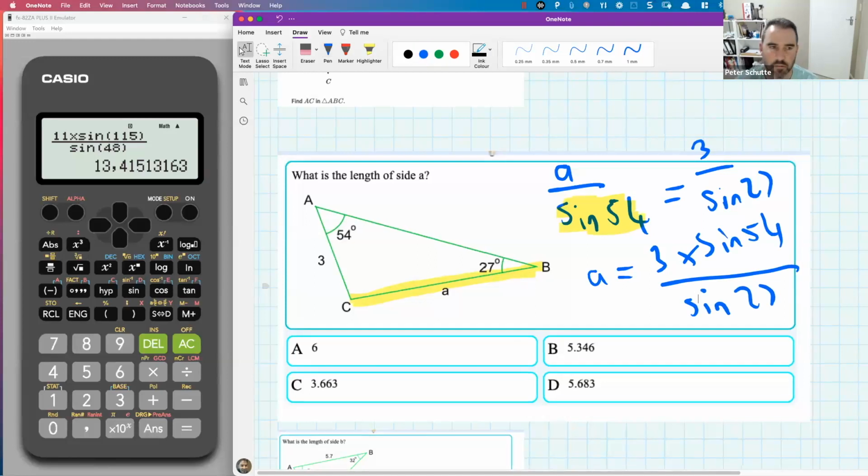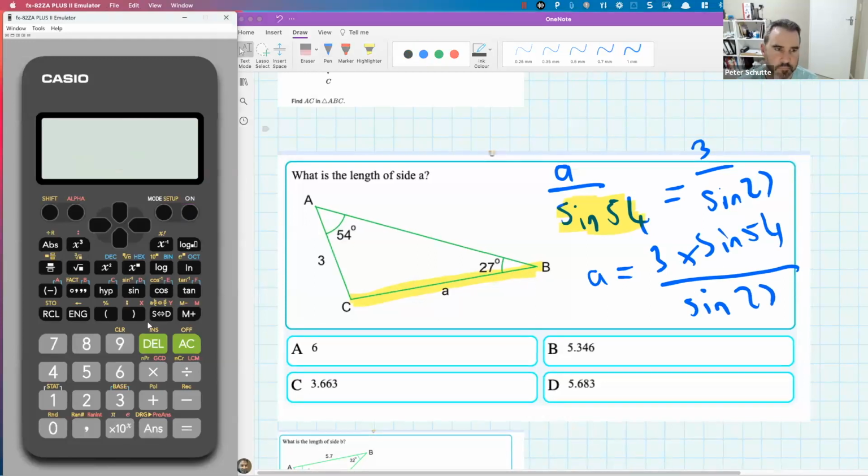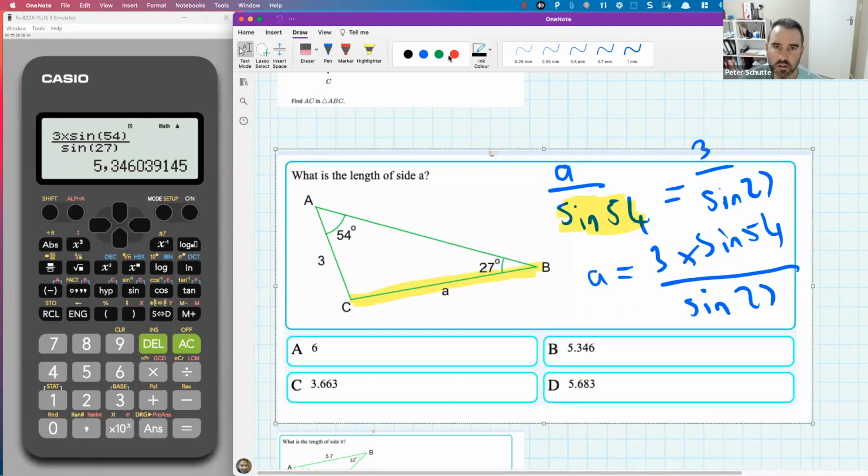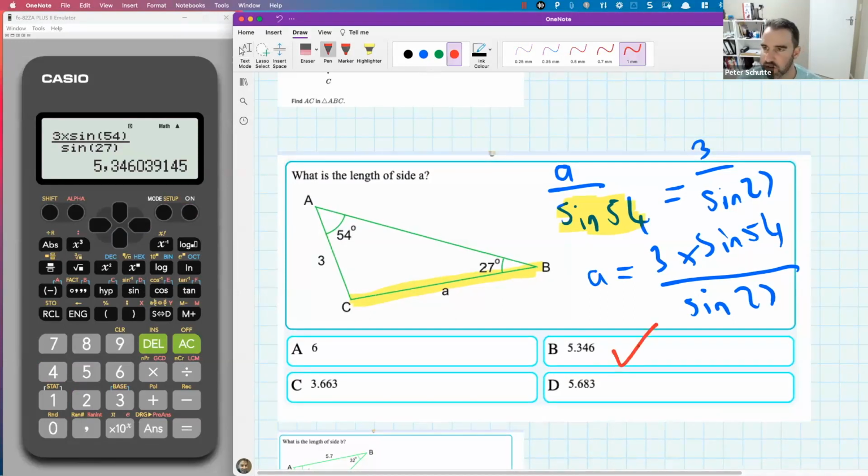Let's see if I can put that in my calculator. So fraction, sine of 27, and I get 5.346, which would be B. So B is the correct answer.